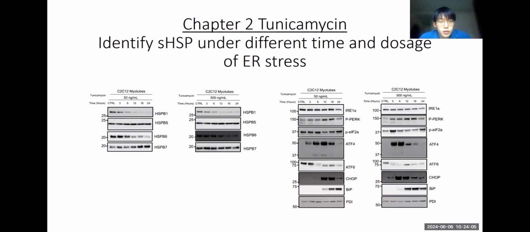Yeah, and this is the representative figure for tunicamycin in chapter 2. It also shows that small HSPB1 and HSPB6 decrease over 2 dosages of tunicamycin treatment. The UPR response is a bit different in tunicamycin compared to thapsigargin, but this is the figure that I have at the moment. Some batches still need to be redone, but I need to wait a while.